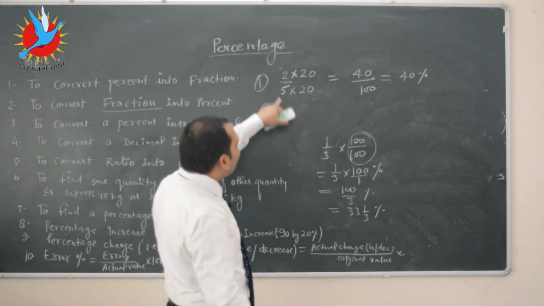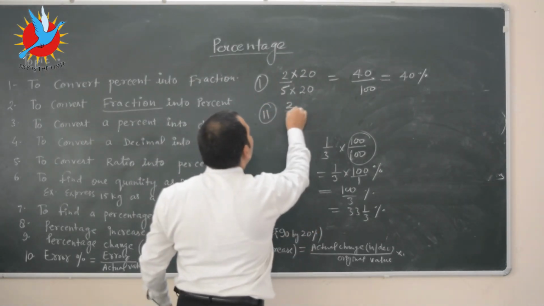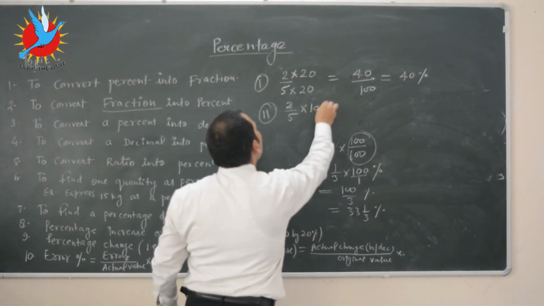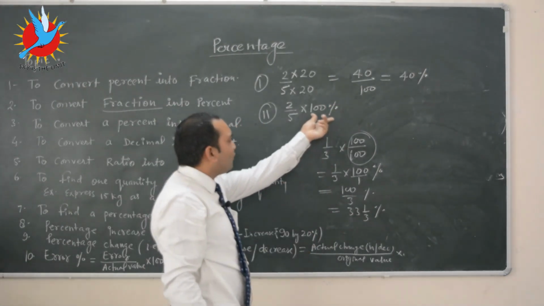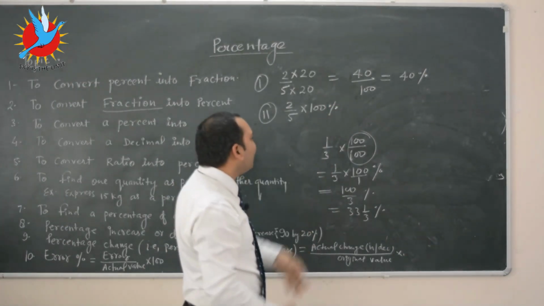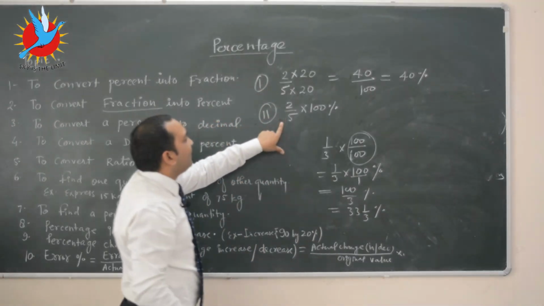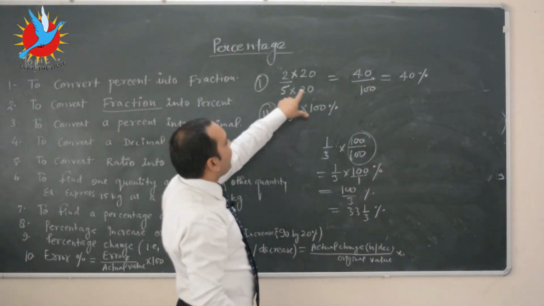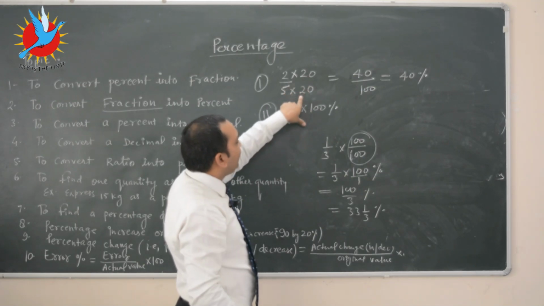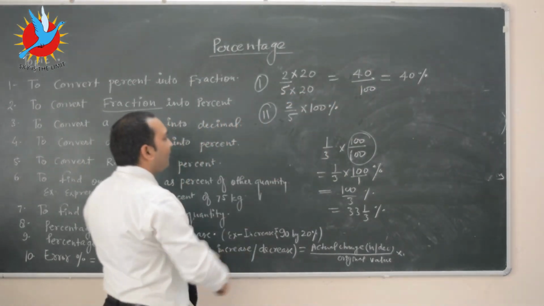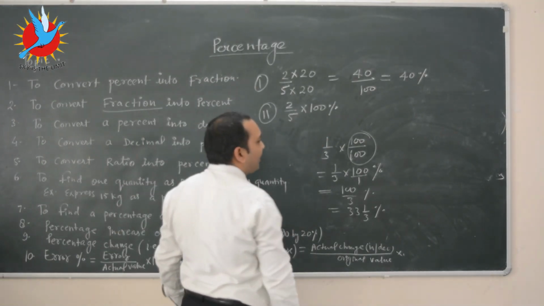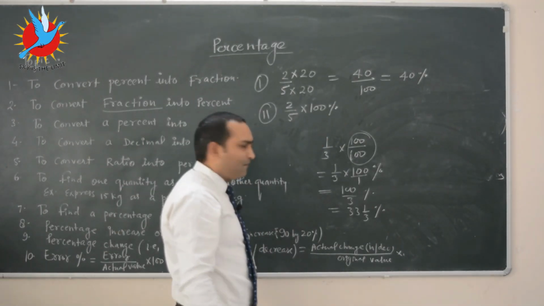Similarly, in the second method also, 2 upon 5 multiplied by 100%. 100% means 100 upon 100. So for 2 upon 5, either we multiply by 20 in numerator and denominator to make the denominator 100, or we just multiply by 100% with any number.